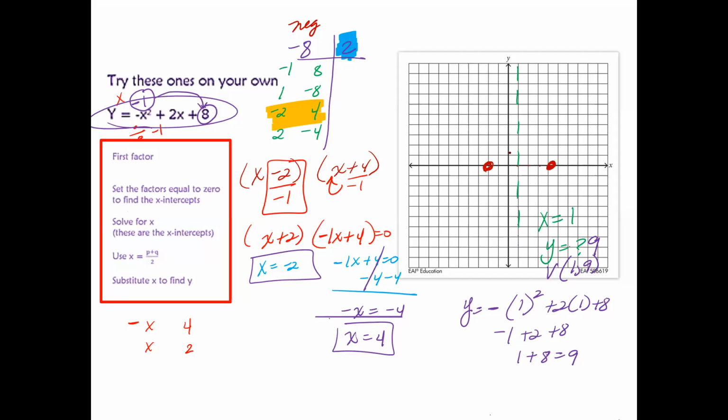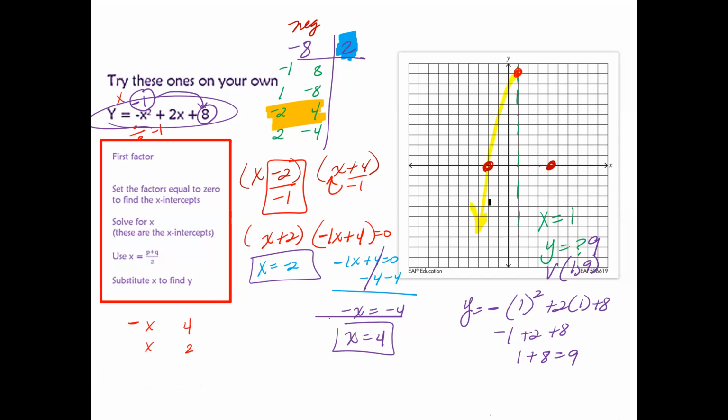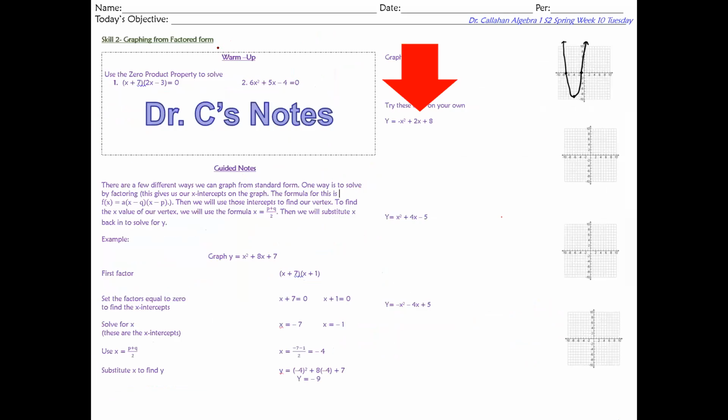Here we go. So that means I go 1, 2, 3, 4, 5, 6, 7, 8, 9. Parabola, sad face. Now, you know it's a sad face because if it's a -x², it's a sad face. If it's a +x², it is a happy face.